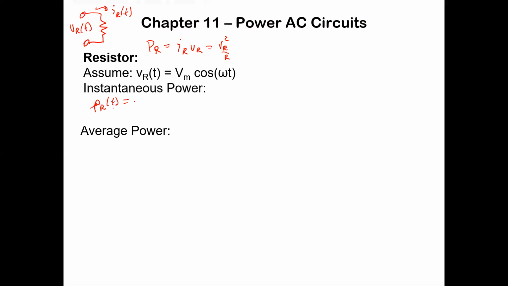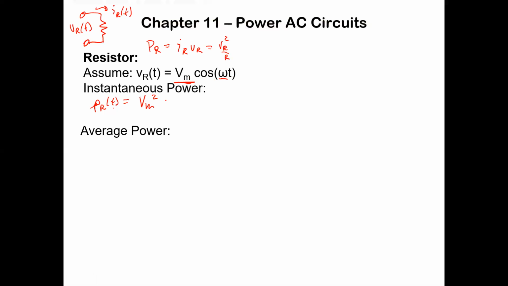We're going to have a lot of new symbols and new concepts in terms of power. But what it comes down to is, Vm is the magnitude of the sine wave, and it's oscillating at a frequency omega.